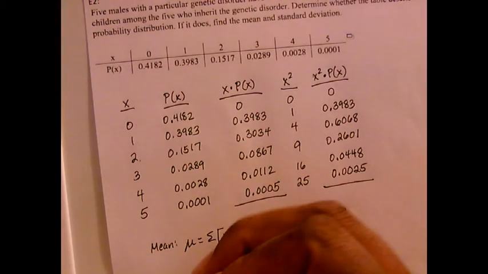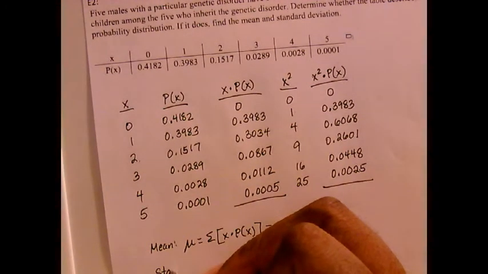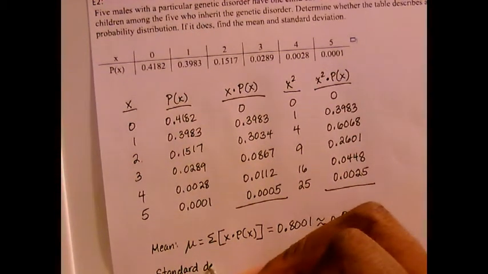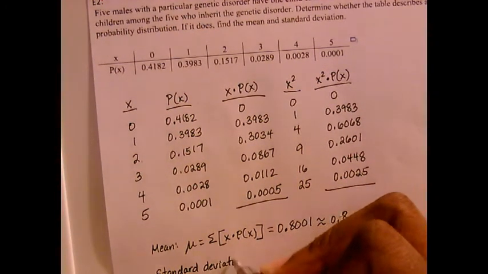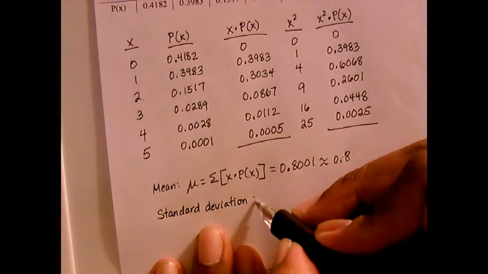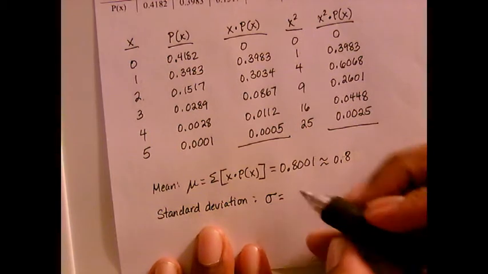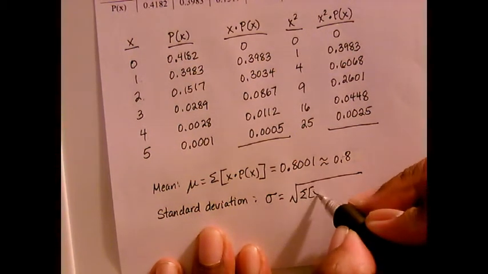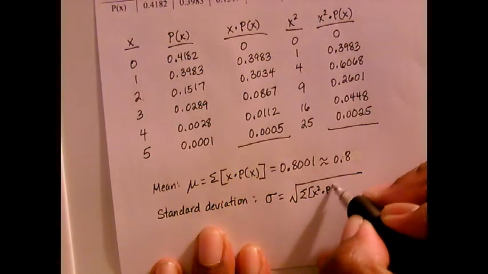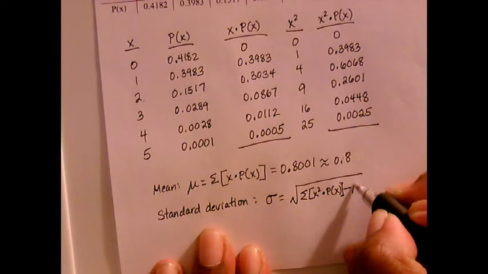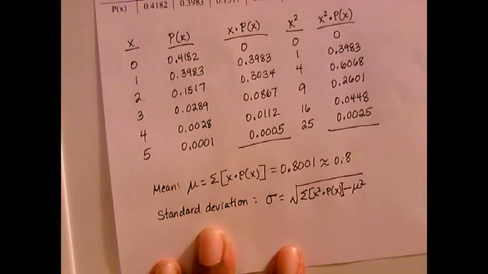Now for the standard deviation. Okay, for the standard deviation, sigma is equal to the square root of the summation of x squared times p of x minus mu squared.